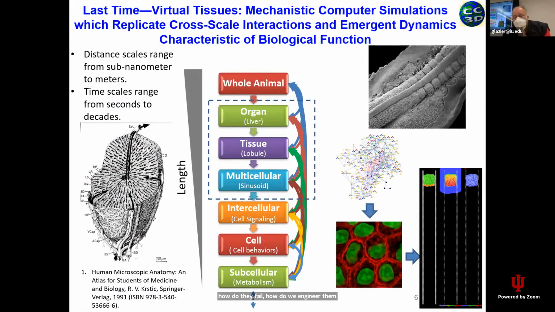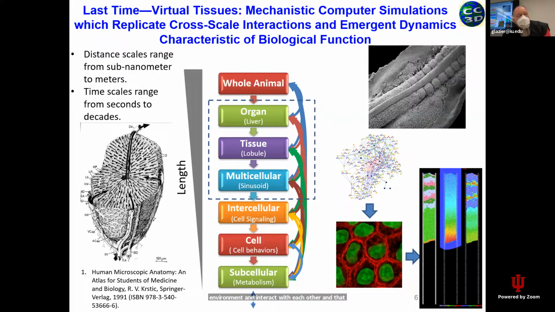And we introduced the idea of what we call virtual tissues or middle-out modeling or multicellular modeling, where we have cells. The cells do things. They live in an environment and interact with each other, and that environment is both chemical and mechanical. And then potentially they have complex control inside of those cells that steers what they do and how they respond to the outside world.